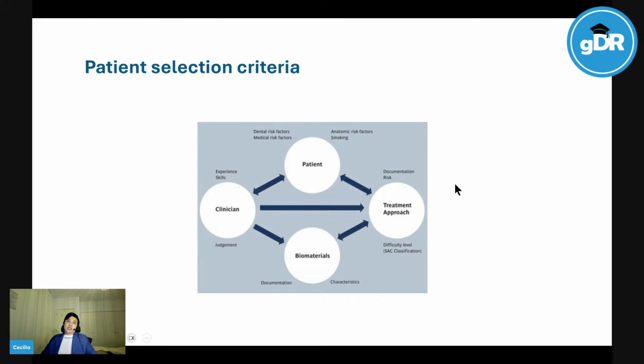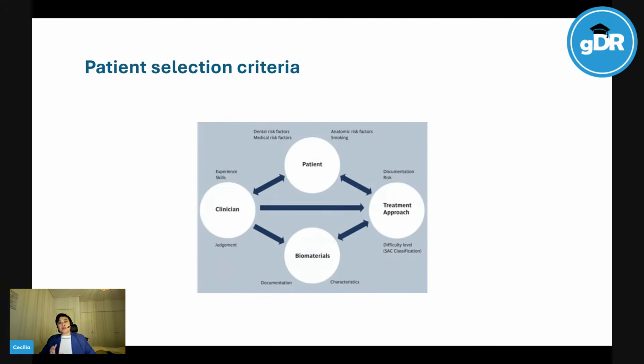So the patient selection criteria, now this is very important. As a clinician, we have to balance our own skills, our judgment, the patient's risk, so that could be dental factors, medical factors, anatomical factors. Smoking is a big factor in implants.